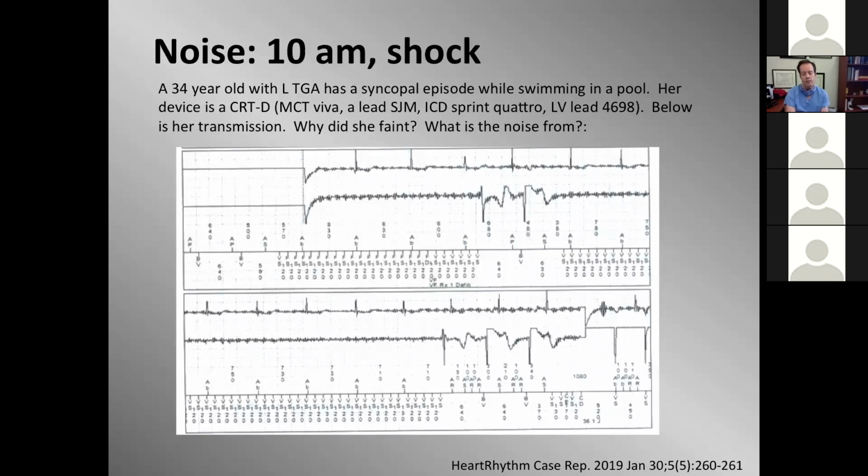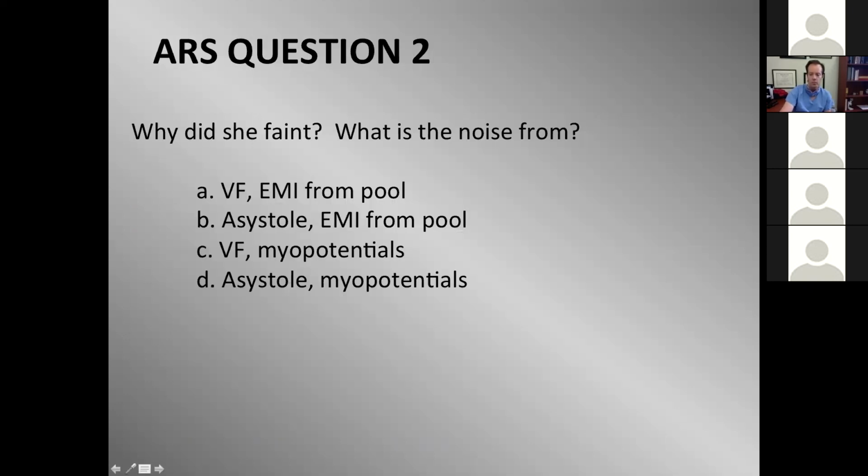The two questions we need to address are, why did she faint? And what is the noise from? So we'll give people 30 seconds for that.